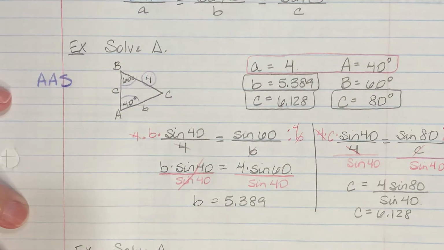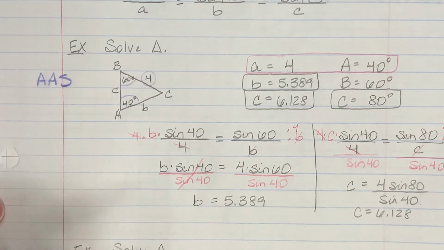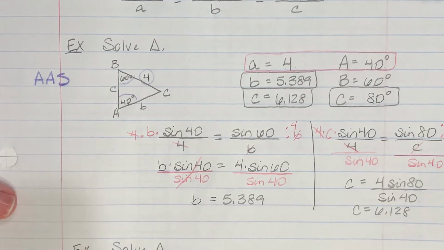A perfectly good triangle. We know the ratios. It's allowable to determine if things are congruent and so forth. Solvable by law of sines easily.